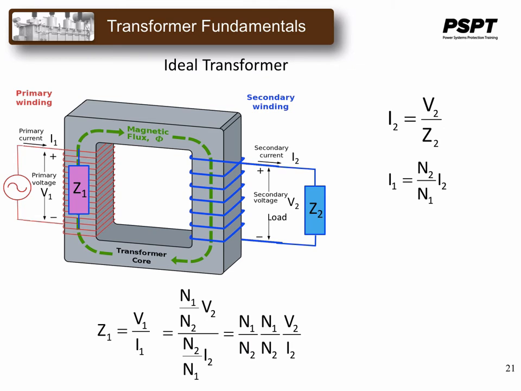We can rewrite it, bringing everything down to where we have only one fraction line, and we see that the impedance reflected to the primary side of the transformer is given by Z2 multiplied by the square of the turns ratio.